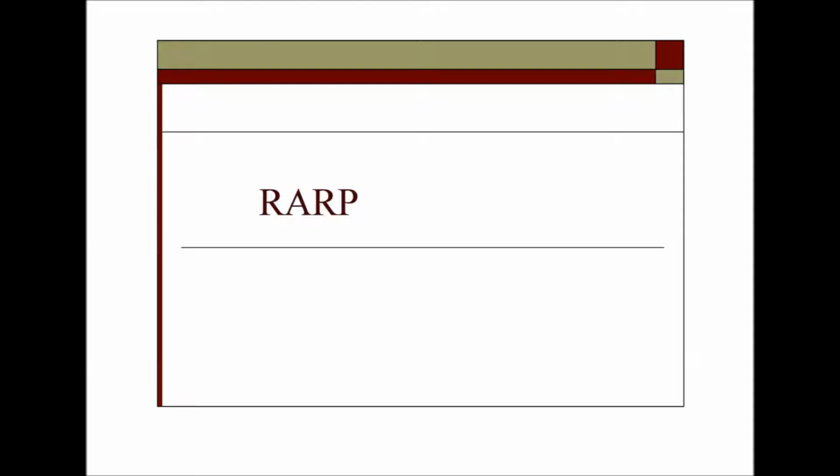And the second address is the logical address, which is the IP address or Internet Protocol address. So in today's lecture, we will discuss in detail how we can find a logical address while we have a physical address using Reverse Address Resolution Protocol.